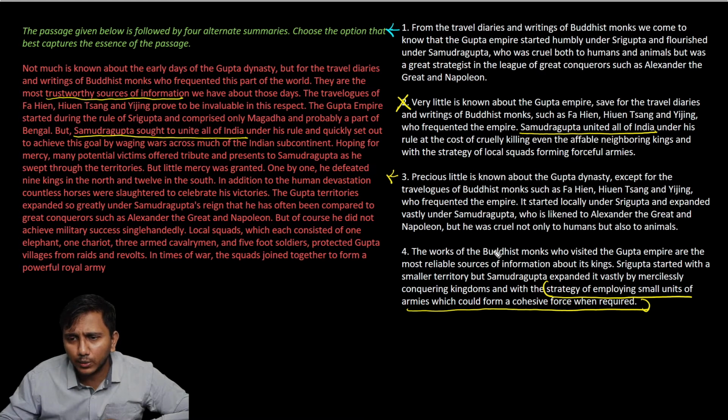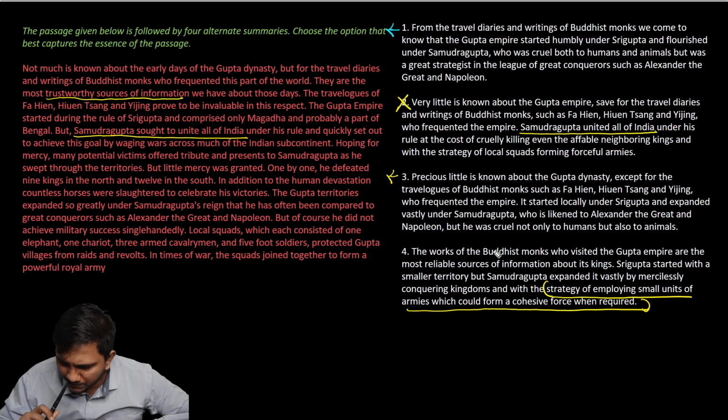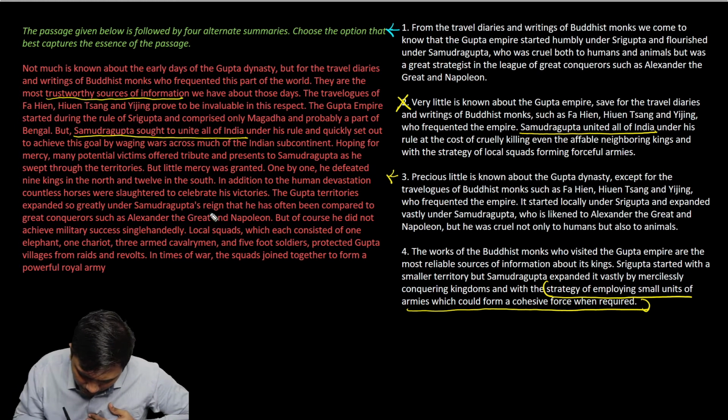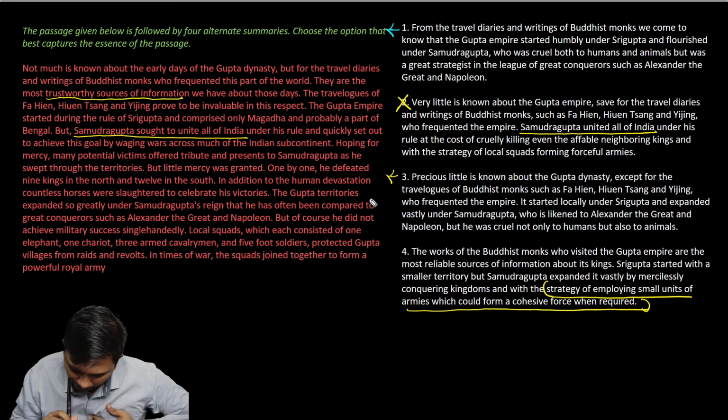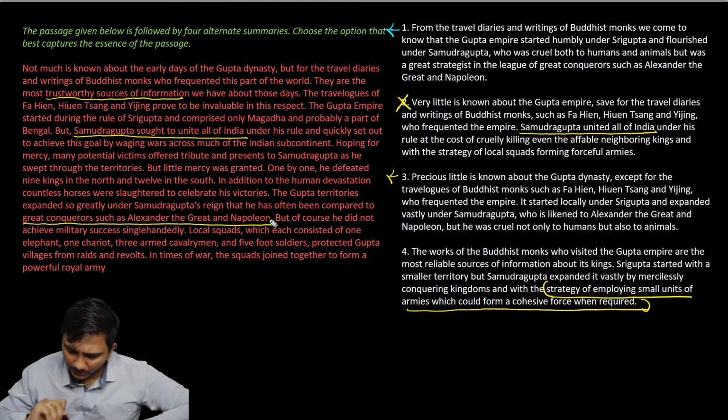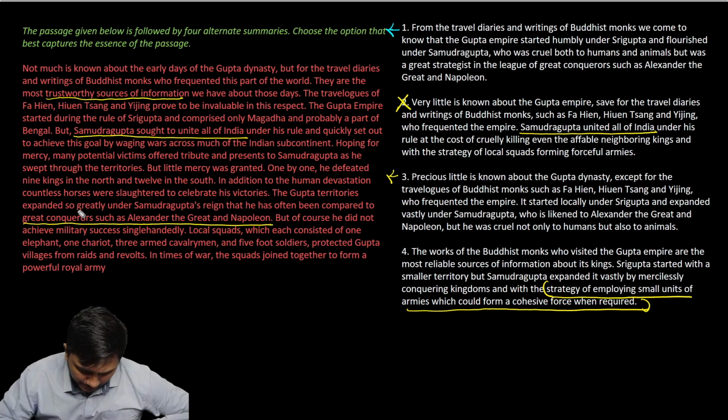Someone's asking a doubt here: the League of Great Conquerors in the first option. We did have that here, right? Let's read that once again. Samudragupta's reign expanded so greatly that he has often been compared to great conquerors such as Alexander the Great and Napoleon.